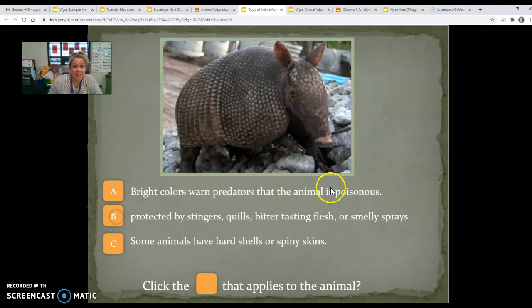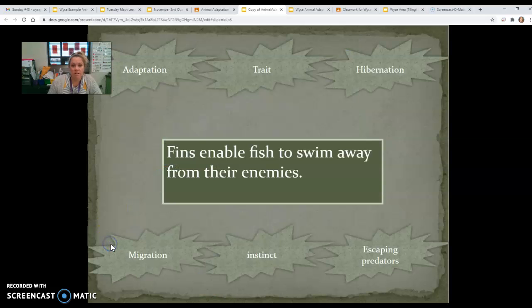Yes, B. And then we have this aardvark, or maybe an armadillo. Bright colors? Nope. Stingers, smelly sprays? Nope. But yes, hard shell. All right, fins enable fish to swim away from their enemies. What do you think that would be?